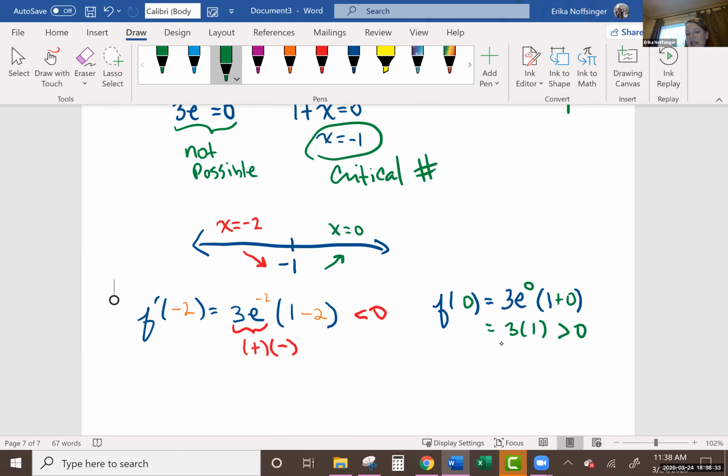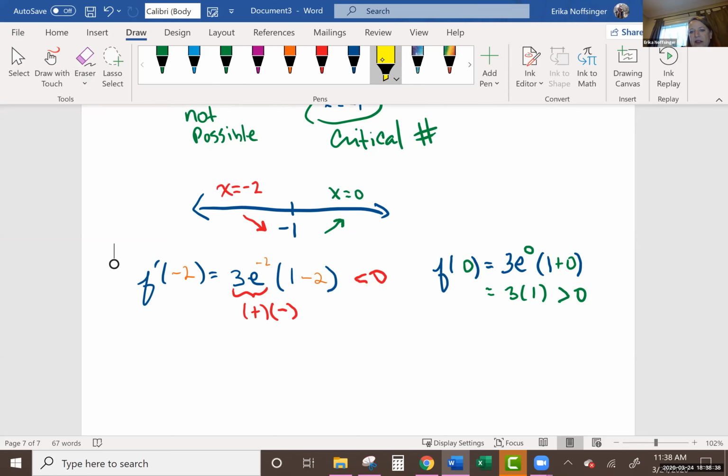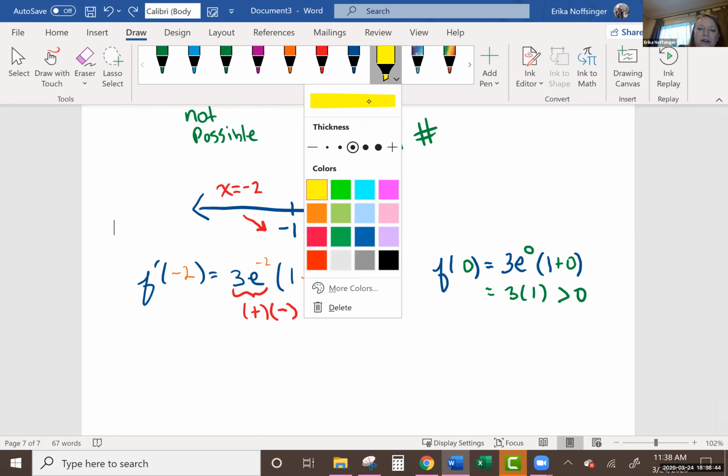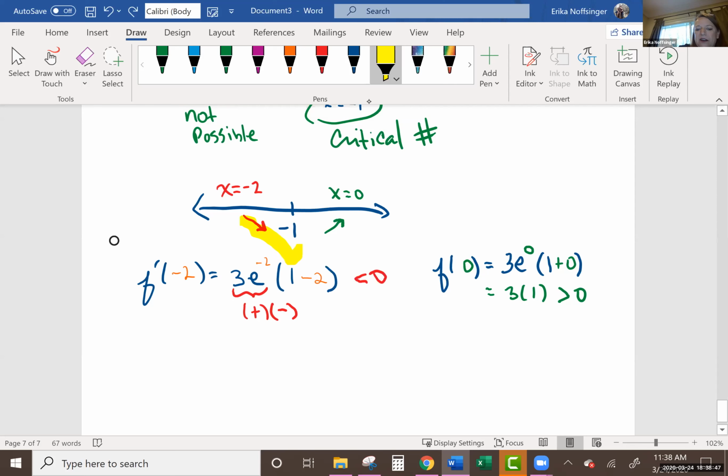So something that is decreasing and then increasing, looking at it, we can tell that we're going to get a minimum value at x equals -1.